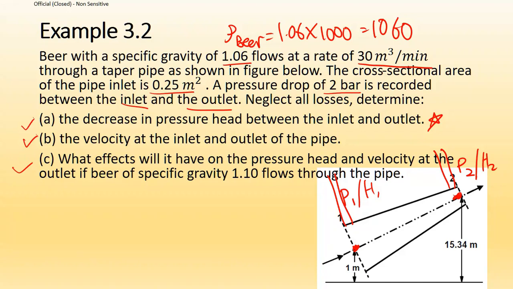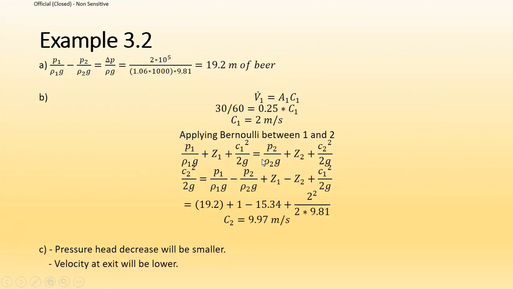So what is the decrease in the pressure head between the inlet and outlet? The drop of pressure of 2 bar is recorded, so we're just going to use this 2 bar straight away. To get the drop in pressure head, we are going to use this formula, delta P over rho g. This is how we get the head from chapter 3. The drop in pressure is 2 bar, so change it to SI unit, 2 times 10 to the power of 5.